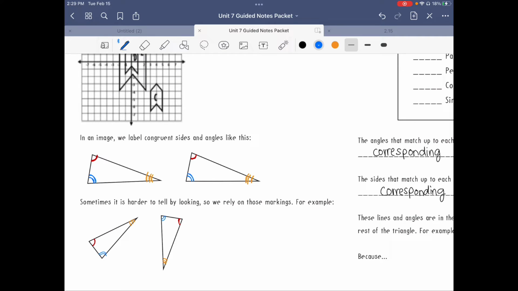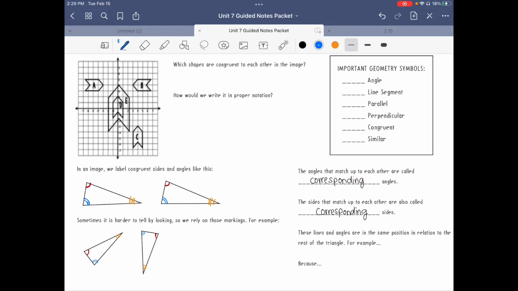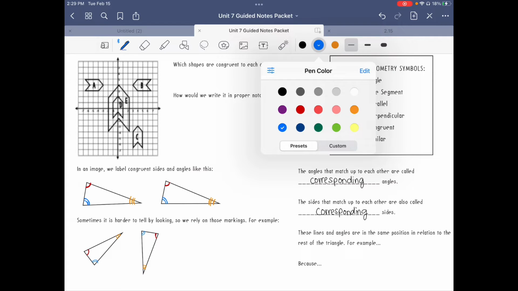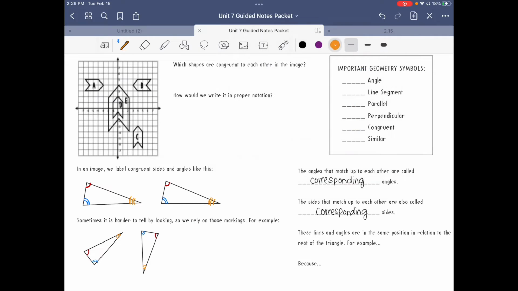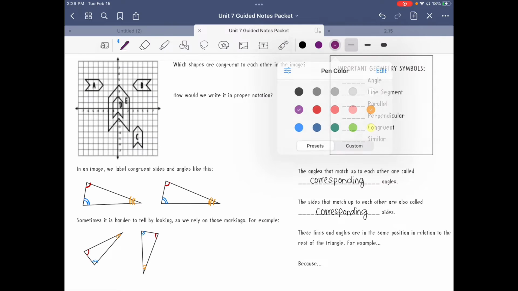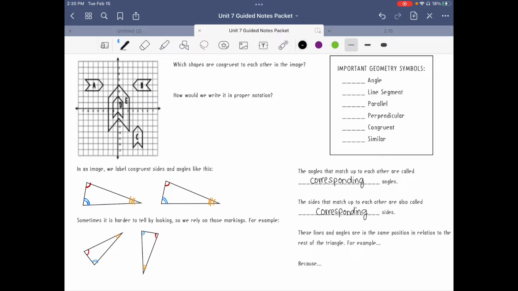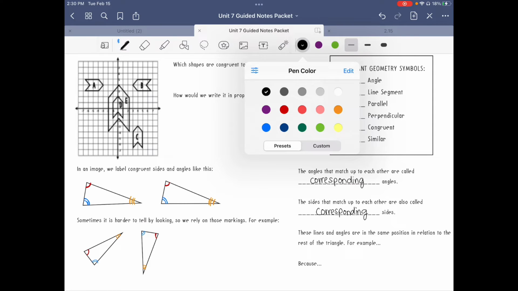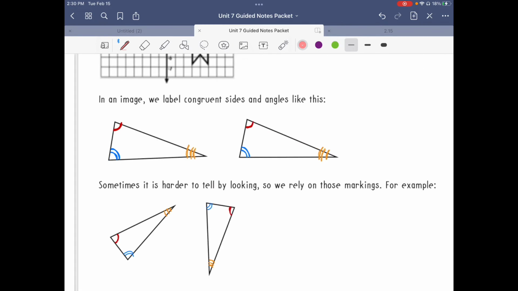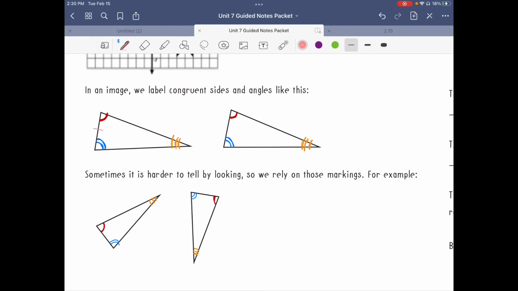We're talking about them being in the same spots for them to be corresponding. They match up with their spots. So the next thing we need to talk about would be our corresponding sides. Corresponding would be this side over here on the left matches up with this side over here on the left.